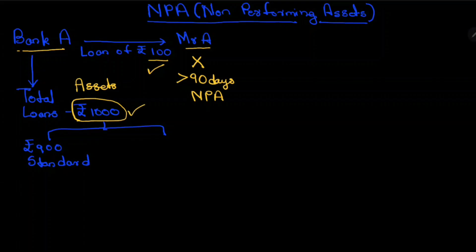Out of these total assets, rupees 900 are standard. That is, the interest and principal repayments on these loans are regular. However, Mr. A's loan has become an NPA because it has been overdue for more than 90 days.